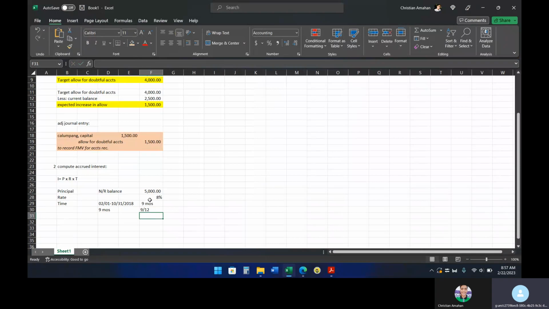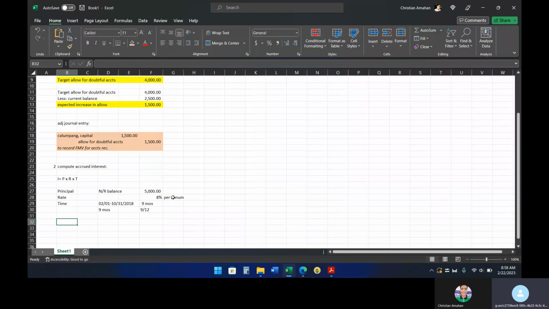Anong 9 over 12 man na siya? Now, ang atong interest rate nga 8% is usually expressed on a per annum basis, no, or per year. 8% per year. Pero ang atong i-compute nga interest is only good for 9 months man. So 9 over 12, no, 9/12 of our interest. Now, let us compute our interest.